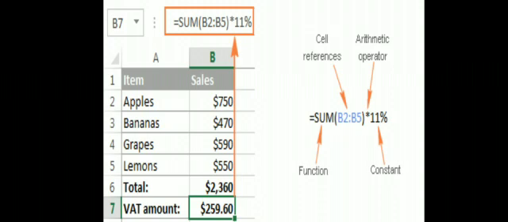They are doing a sum of 750, 470, 590 and 550. It is B2 colon B5, that will be the sum, and the percentage has been calculated as 11%.